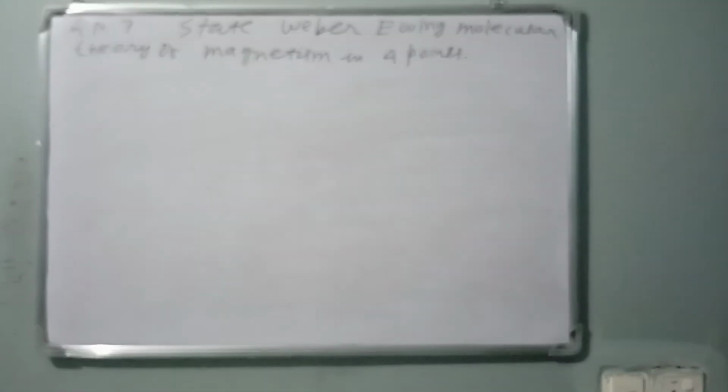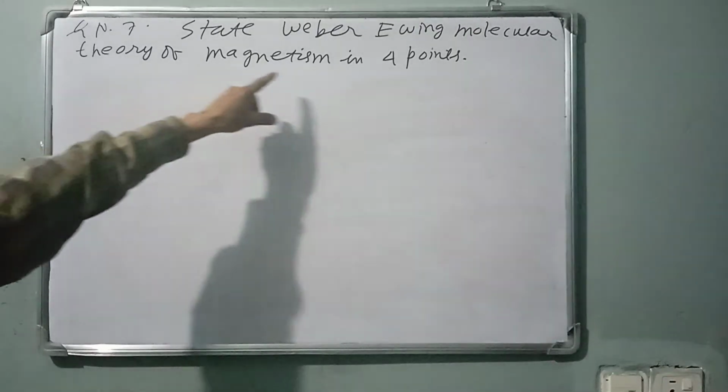There are 4 points to state Weber-Ewing molecular theory of magnetism.